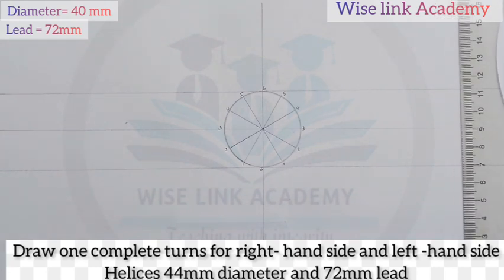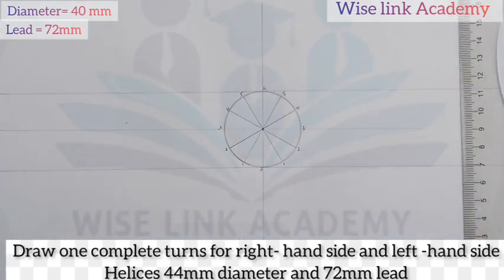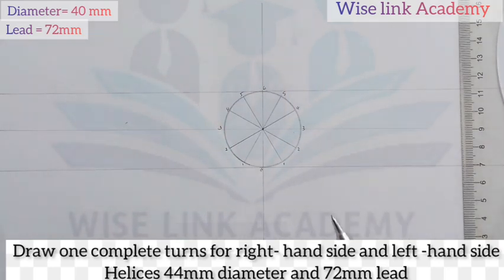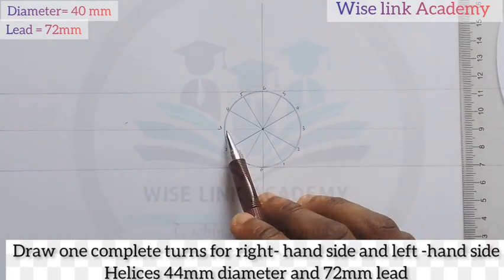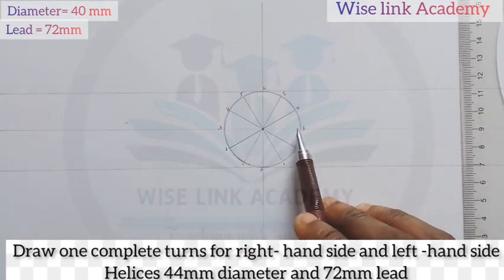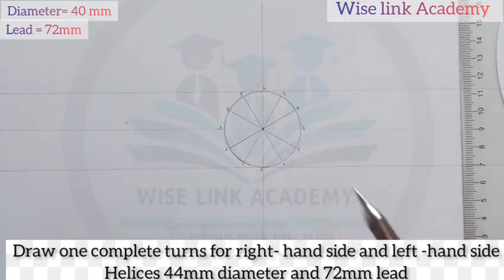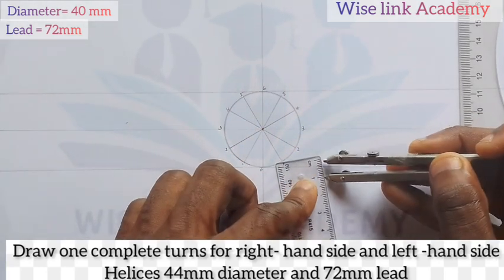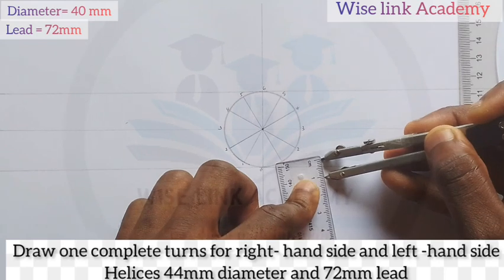Now, my next task is the next dimension, which is given to be my lead. And lead is 72 mm. Now, note something. To construct that lead, it must not touch this circle. So to establish the distance, I can take my meter rule and measure out 10 mm or perhaps 1 centimeter.